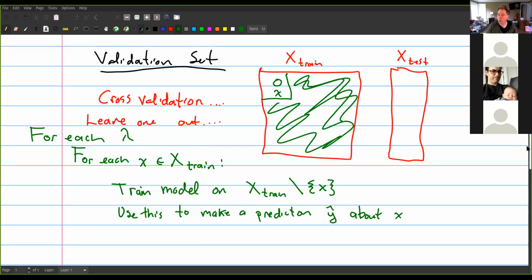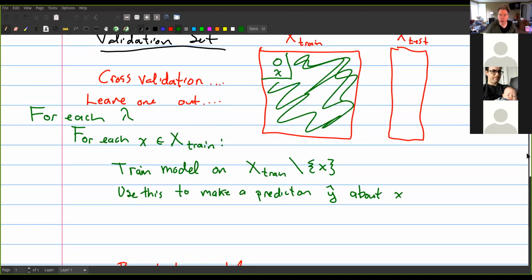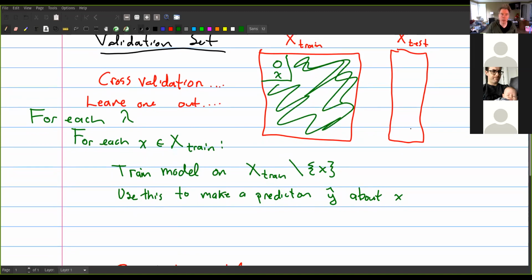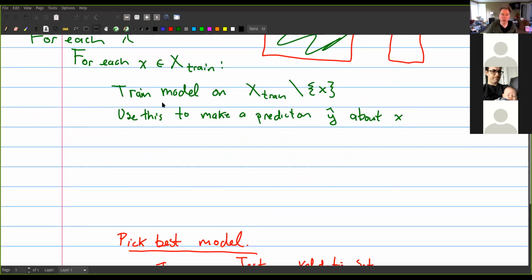We do that for every x in the training set. It's a whole lot of training, right? It's one model for every point in the training set, which is going to be expensive, but let's just assume for the time being that we can do that.